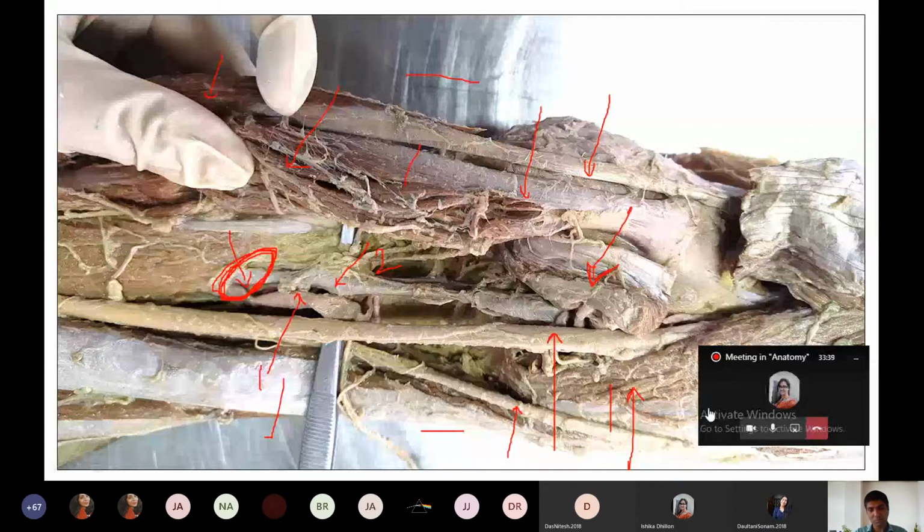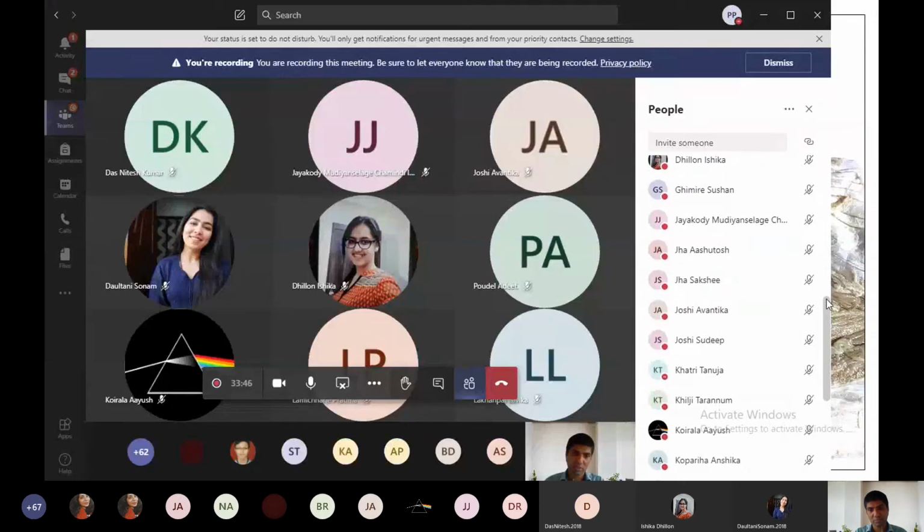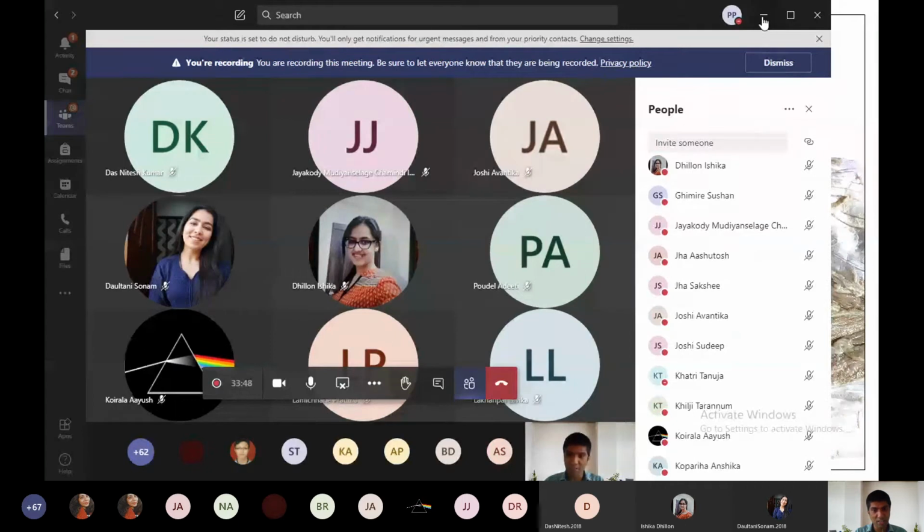What is this one? Some of you can guess the answer. If you are not guessing, then I'll tell. So I'll ask by picking some of the persons.